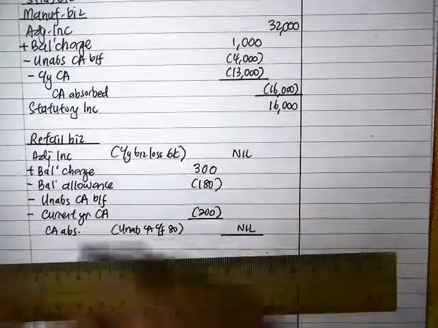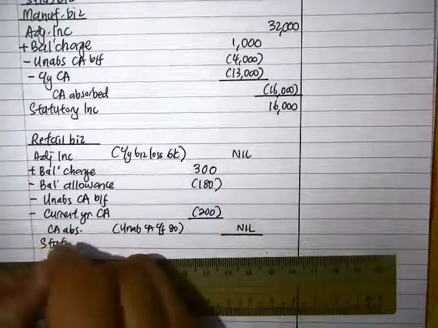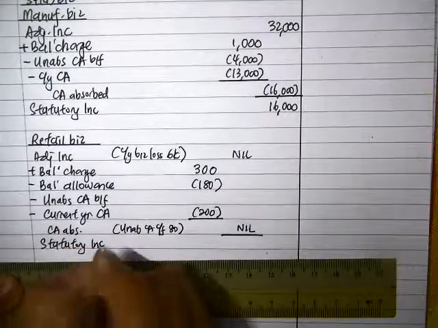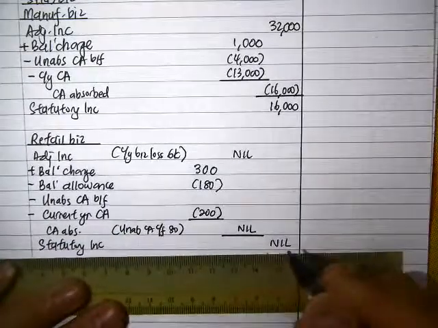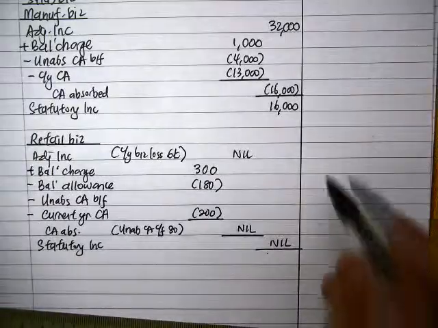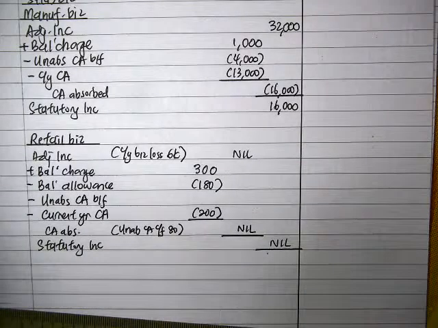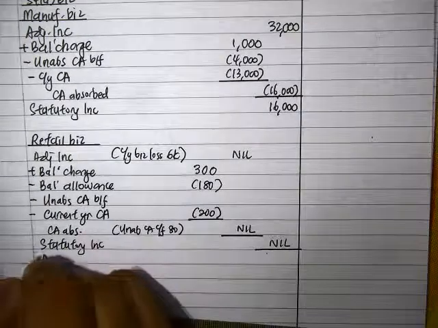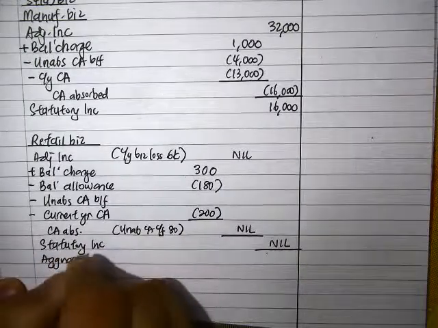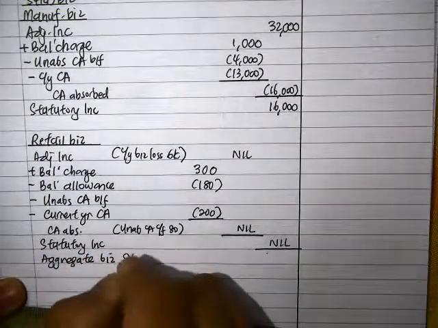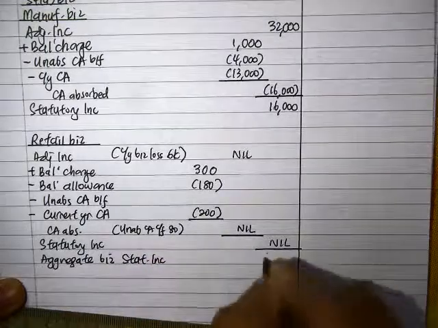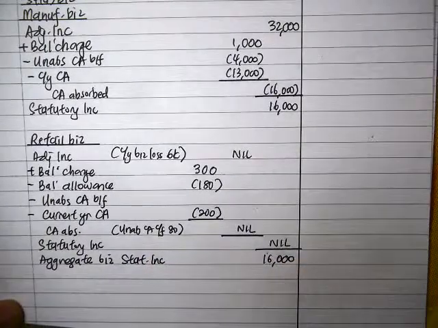Alright, the statutory income for retail is nil. Okay, so we have both the manufacturing and the retail SI combined. So the aggregate business statutory income will be 16,000.